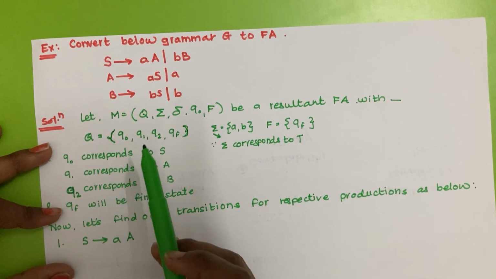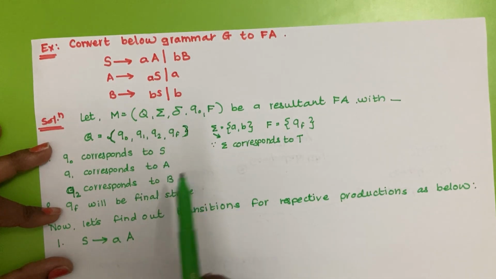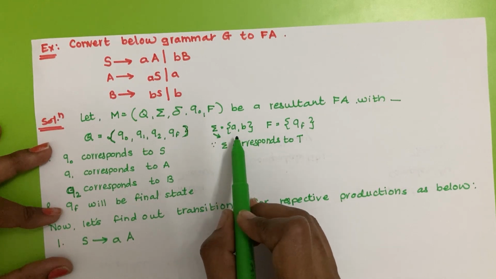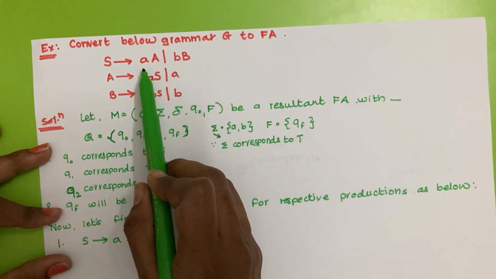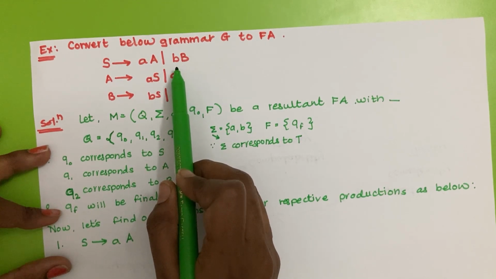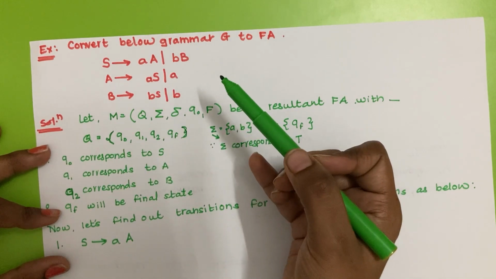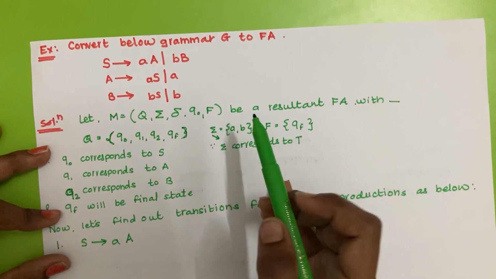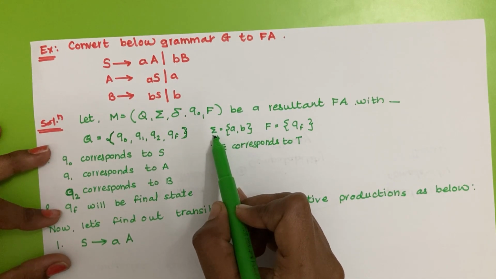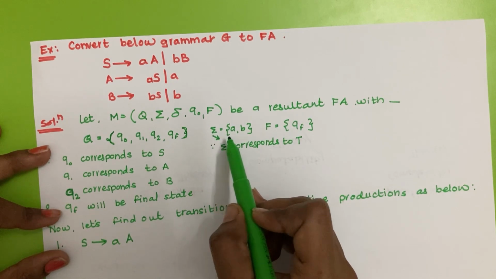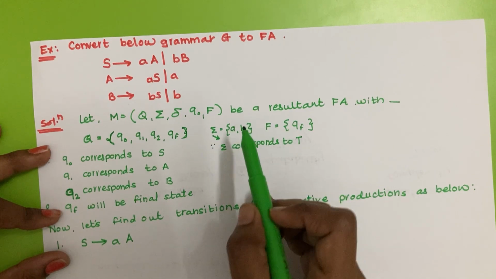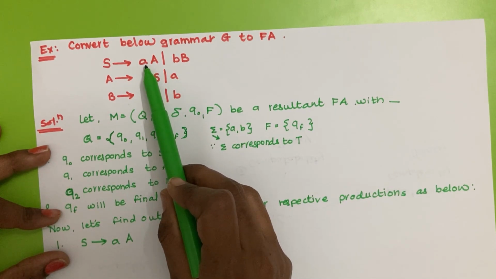So the Q set will be Q0, Q1, Q2 and QF. Now we have the set of terminals, that is nothing but T. T is equal to what? a and b, small a and small b will be the terminals. The terminal set corresponds to the set of alphabets, that is sigma. So the set sigma can be found from the set of terminals T, which includes elements a and b.